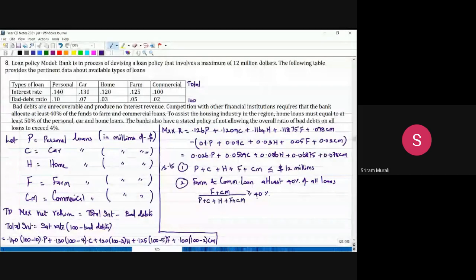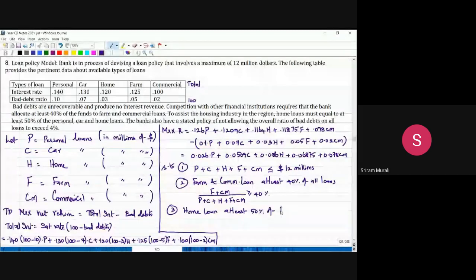Number 3. Home loan should be at least 50% of what?